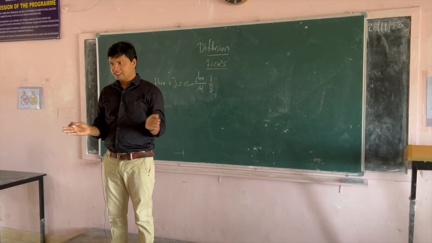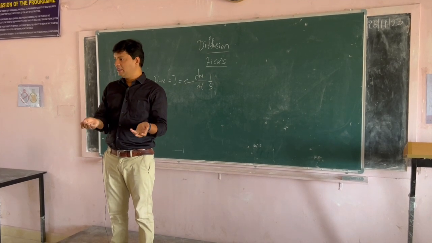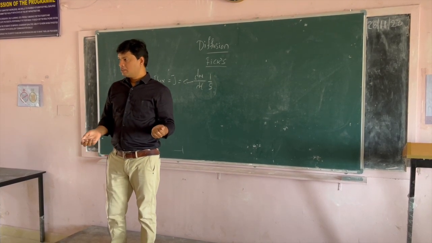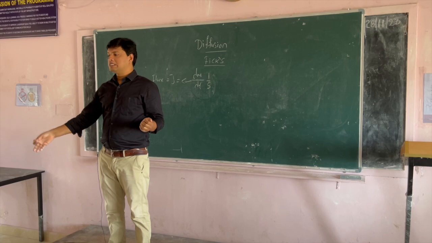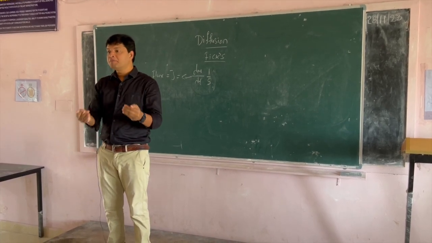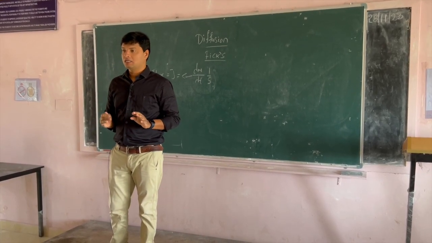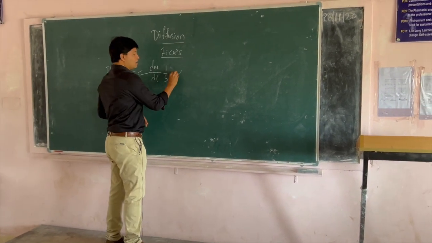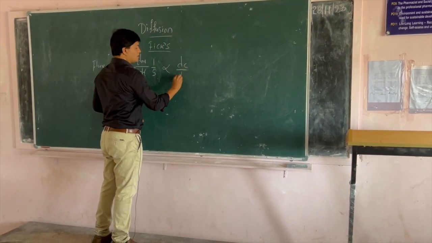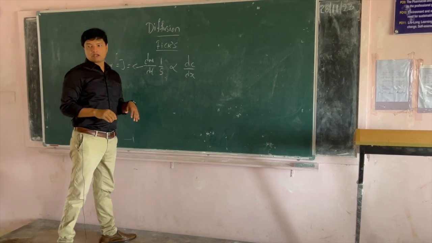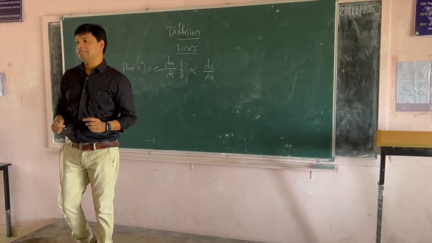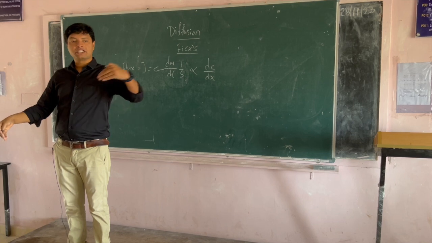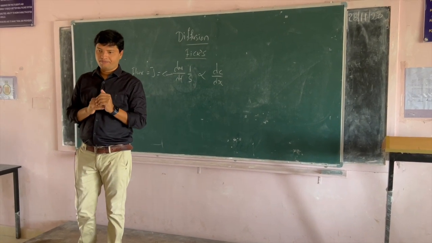If I decrease the distance, the concentration effect will increase. Change in concentration per distance, dC by dx, is called what? Gradient. We call it a concentration gradient.